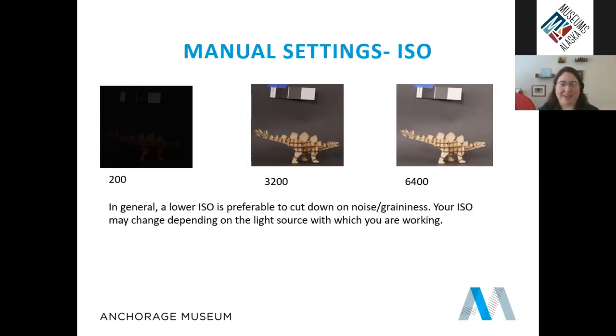That's why this one doesn't have a recommendation. It's whatever works best for you. Technology is also catching up with the ISO graininess issue, so it's maybe not as terrible as it used to be. But I found that 3200 or 6400 worked pretty well with my camera.